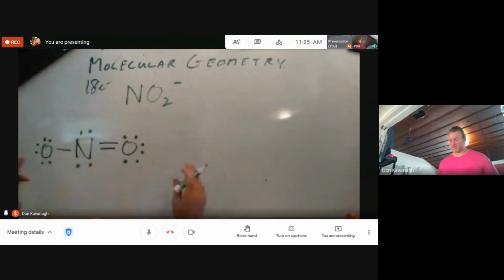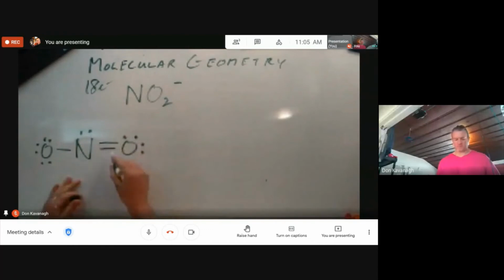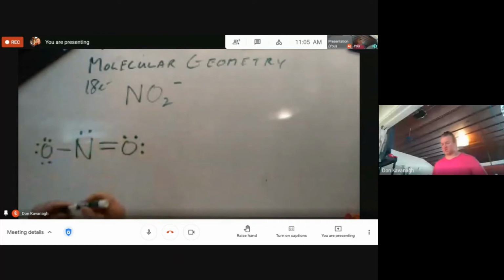Let's check our octets. Everybody has an octet now. Let's make sure we have 18 electrons. We have 18 electrons. This is a good Lewis dot structure for NO2 with a -1 charge on here.